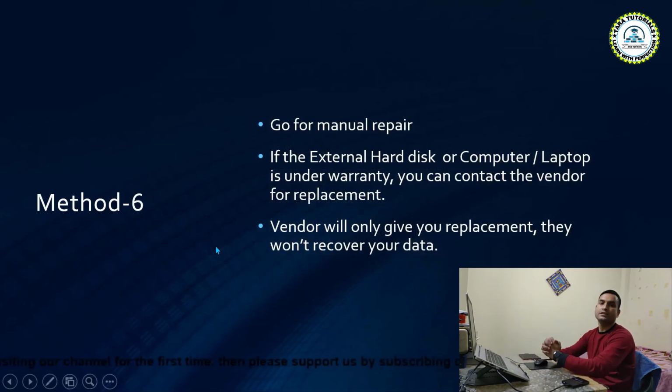Now the last method. If none of the 5 methods is working for you, then you need to go for the manual repair. What does it mean? If this disk is under warranty, then you can approach the company. Suppose my disk is from Western Digital, so just log in to the website using your credentials.